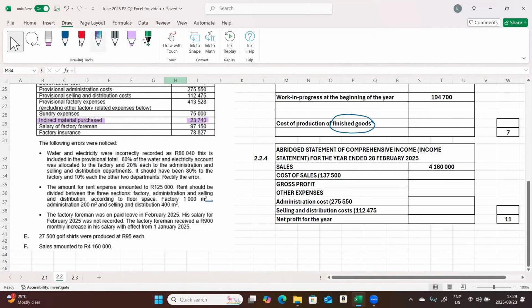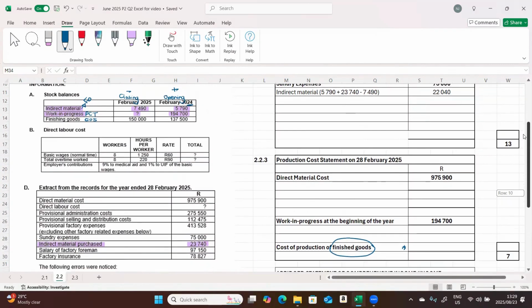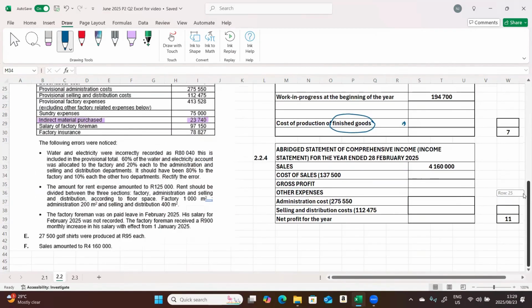Whatever you get as your final answer, the cost of production of finished goods, that is what you are going to write over here. Okay, it wants to make a star. Great.